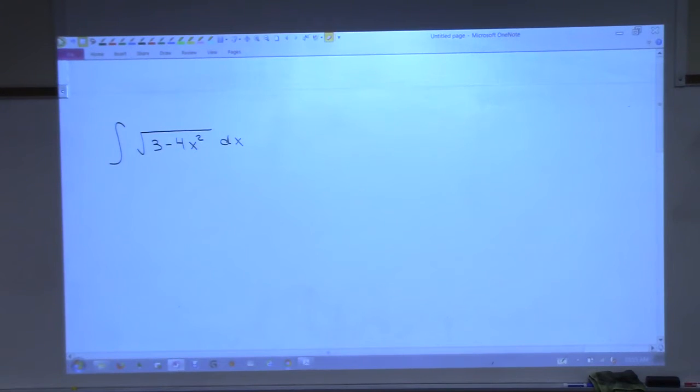Just a quick glance at that. No basic U sub, no integration by parts. You have but one option here, and that is trigonometric substitution.